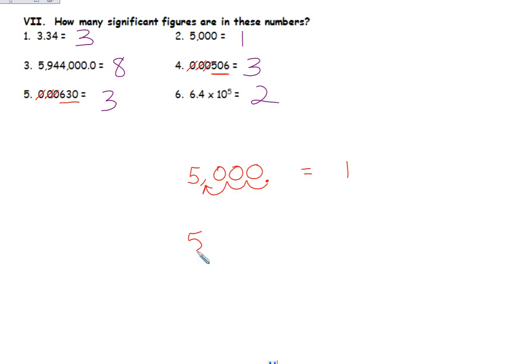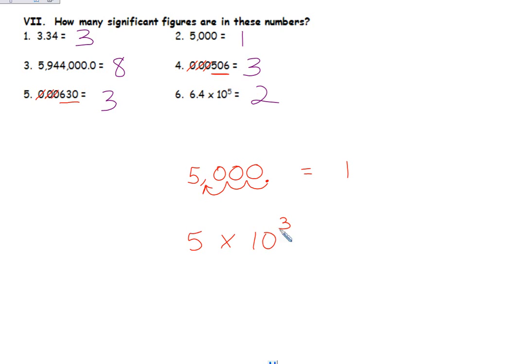And then we could just say 5 times 10 to the third. And if we just leave it as 5 times 10 to the third, it's just 1 sig fig. In scientific notation, you drop all the zeros that you don't want as part of your measurement. If the number was rounded, then we only show the significant figures in front.